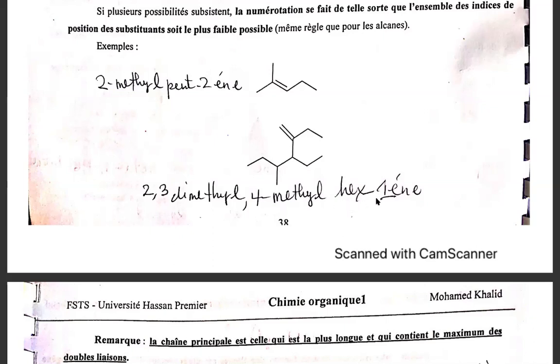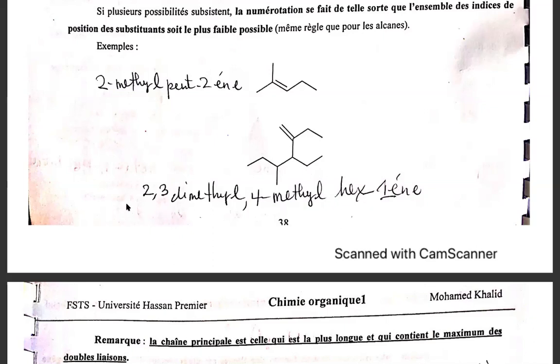Then if they have a prefix called hexa and the position is 1, we are going to end the name with a suffix, and this suffix will be called in. So the chaîne principale will be called hexa-in. The A from the hexa and the E cancel each other, the A cancels because it is a voyelle.